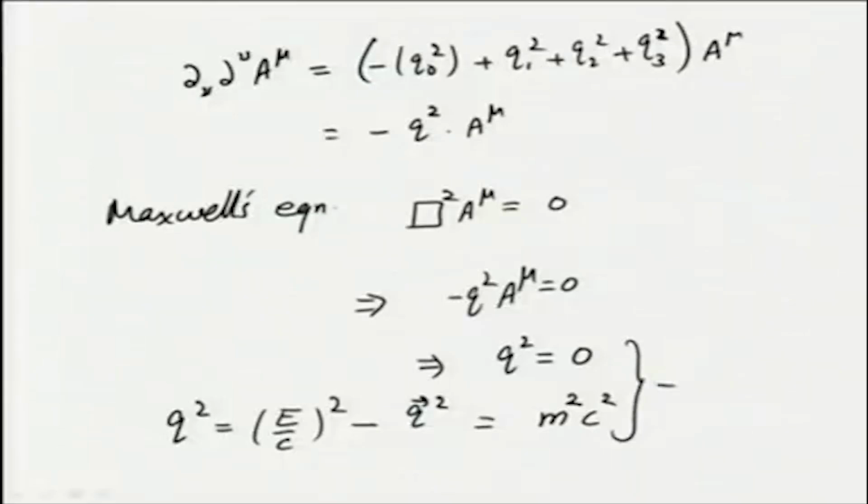Of course, you can ask the question, like this was in the case of A mu satisfying the Lorentz condition. What about if I consider A mu which is not divergenceless? Then still can I interpret this as the photon with mass equal to 0. So this essentially gives you massless photon.